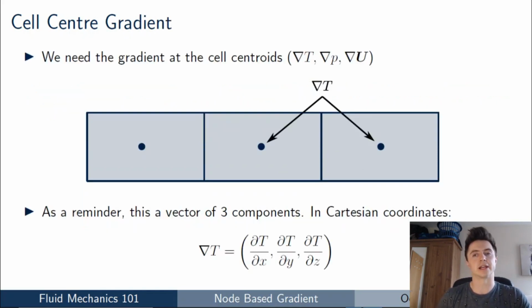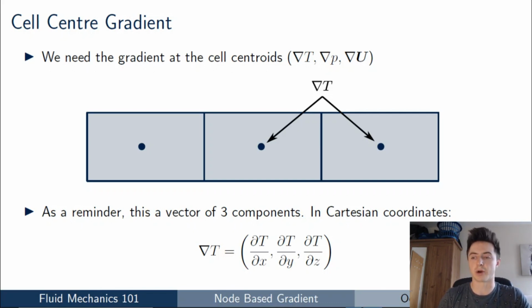Now, once we've calculated those flow variables, the velocity, temperature, pressure fields, and other fields, we'd also like to calculate the gradient of those fields at the centroids of the cells. And just as a reminder, temperature and pressure are scalar fields, so when we calculate the gradient of these fields, we're now calculating a vector quantity.